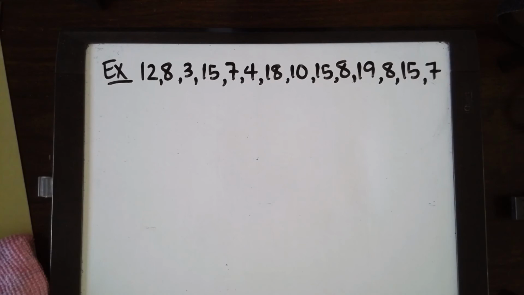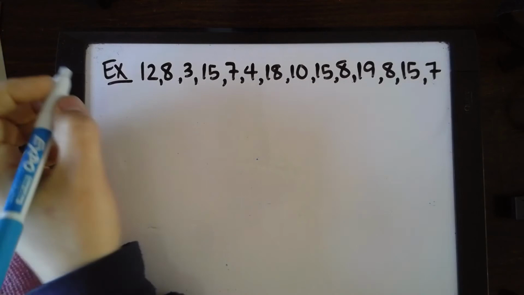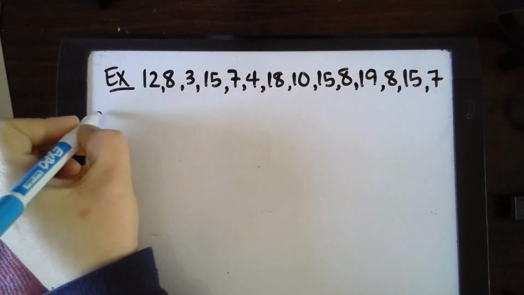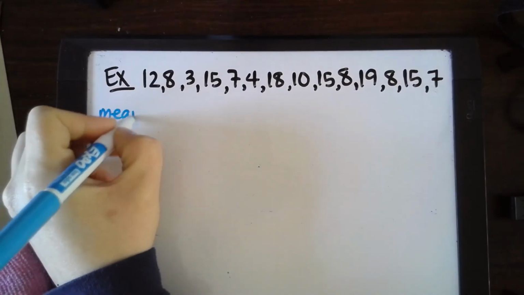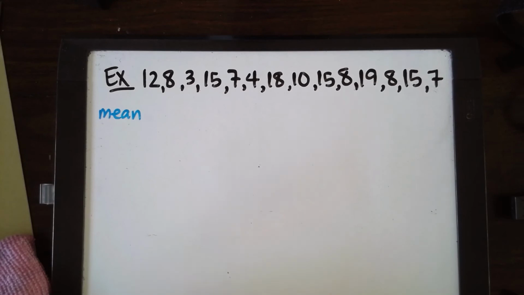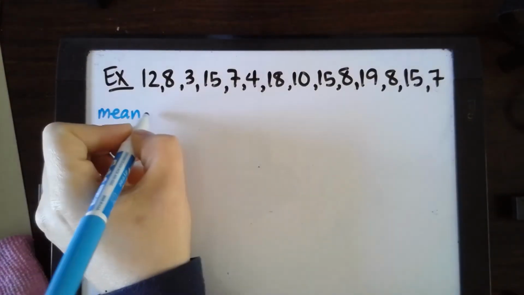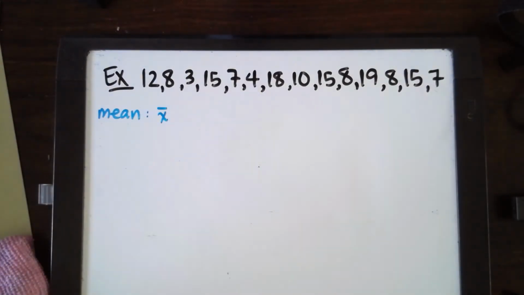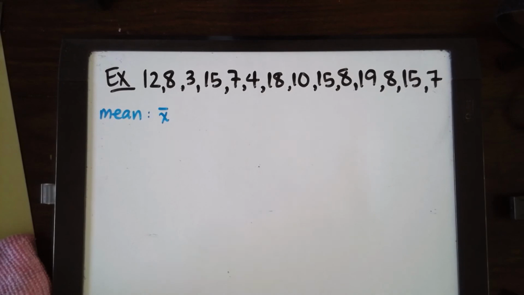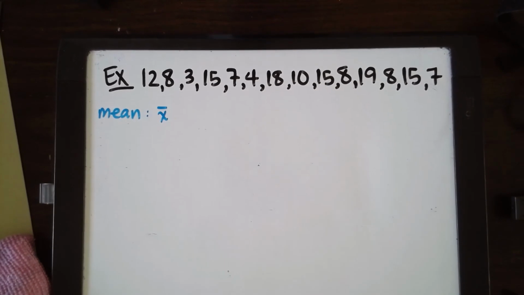How do we figure out the mean? Well, to figure out the mean, we have to add up all of the values. And you know what? Let's use X bar for this and make ourselves look really fancy for using these fancy new symbols.